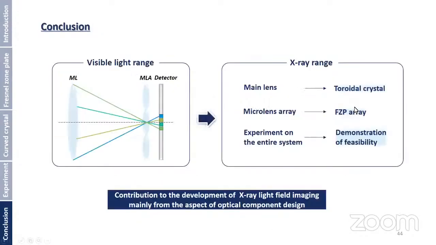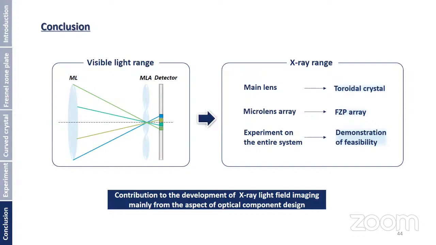To conclude, for the purpose to transform the plenoptic camera from visible light to X-rays, we proposed the toroidal crystal for use as the main lens and the photon sieve array for use as the microlens array. At the same time, we also performed the first experiment on the entire system and experimentally built the first hard X-ray plenoptic camera.